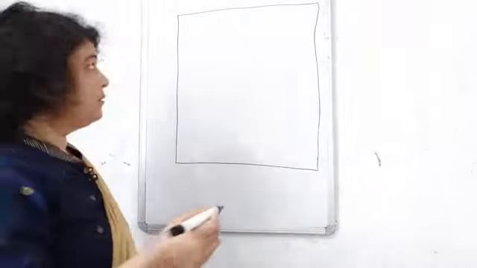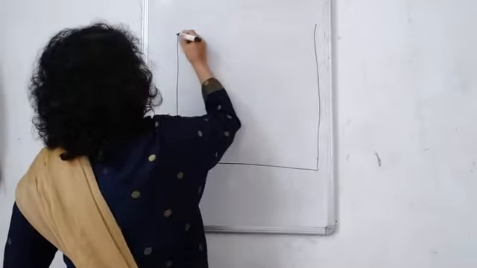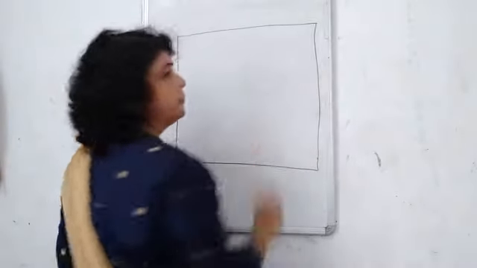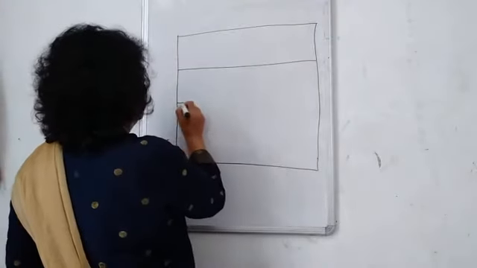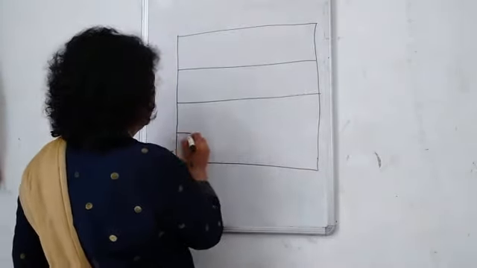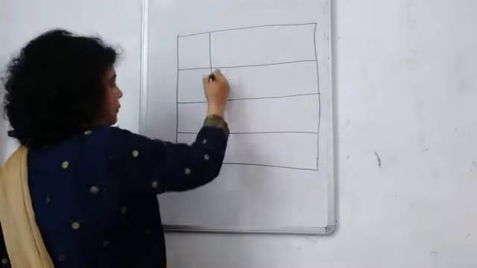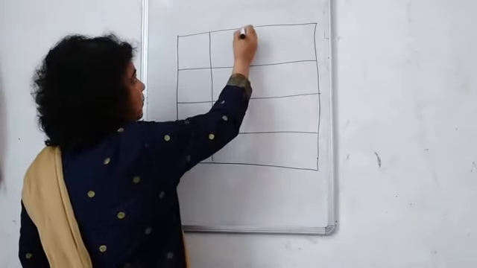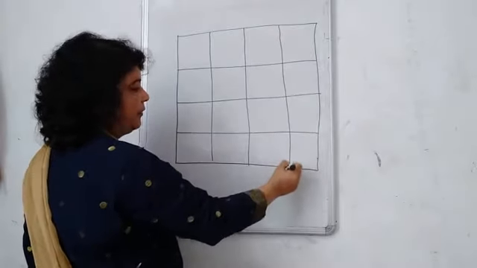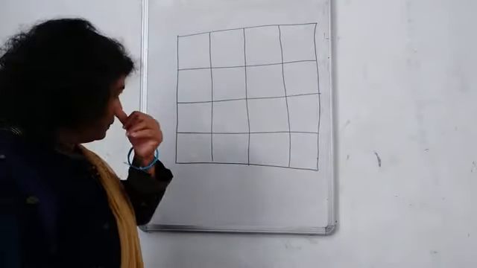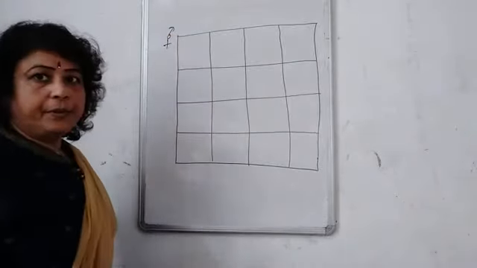The 4 rows and 4 columns. So 1, 2, 3 and 4 rows. Then 1, 2, 3 and 4. These are the 4 columns. So male gametes and female gametes.